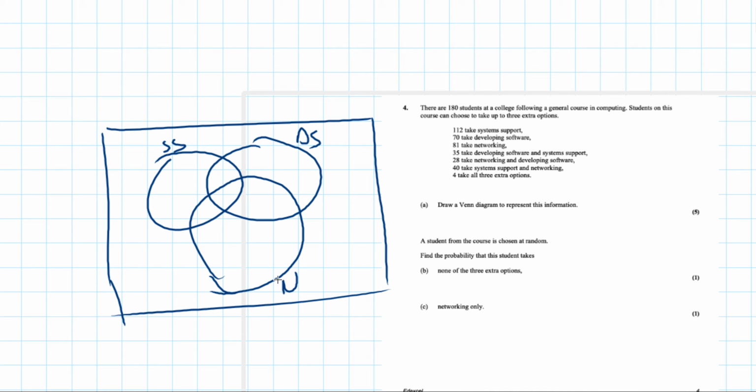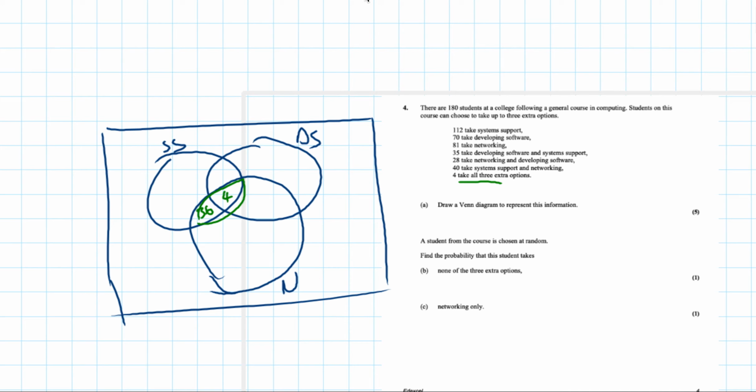So again, first thing you should always start with is take all 3 options, so you can fill that one in. So that's 4, and then from here you can work backwards. You've got 40 taking systems support and networking. So that's going to be this one here, but 4 of those are taking all 3 options. So this one is just going to be 36, because system support and networking corresponds to this little part here of the Venn diagram.